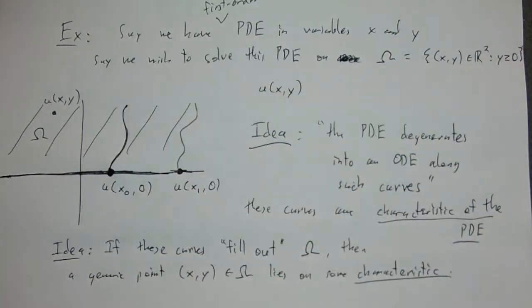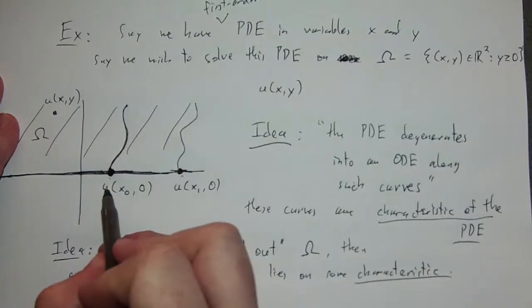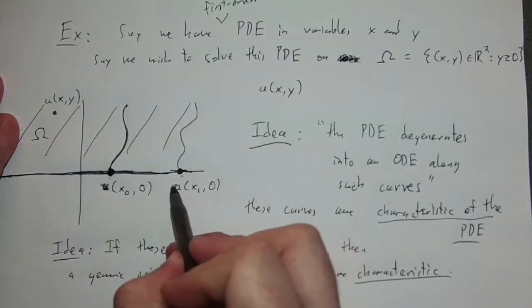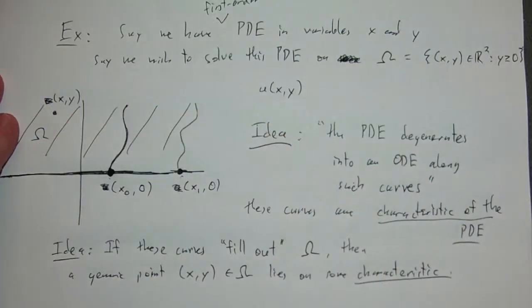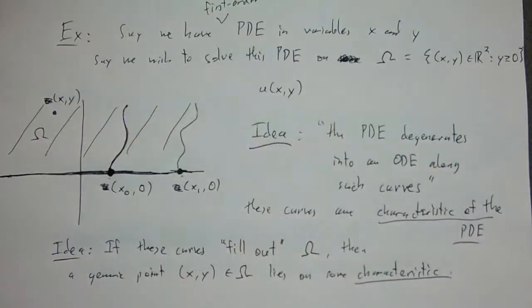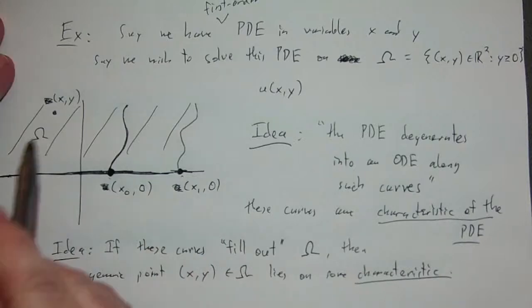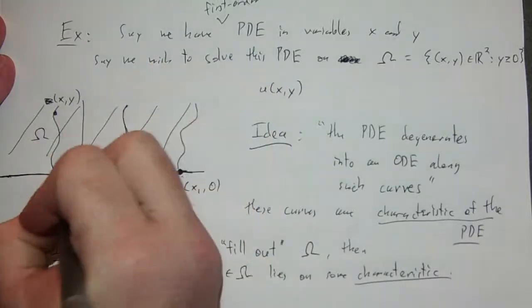We're just going to say, I'm specifying these values here. So I want to find the value of u at this generic point x, y. If you like, the actual points I'm labeling are these. All right, let me get rid of u there. So these are the actual points, and I want to find the value of u at these points that I've specified. And so if these curves fill out omega, then some generic point lies on a characteristic.